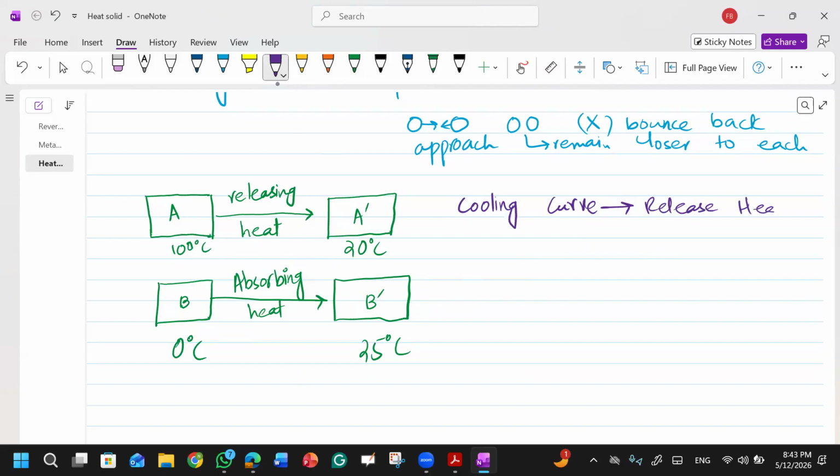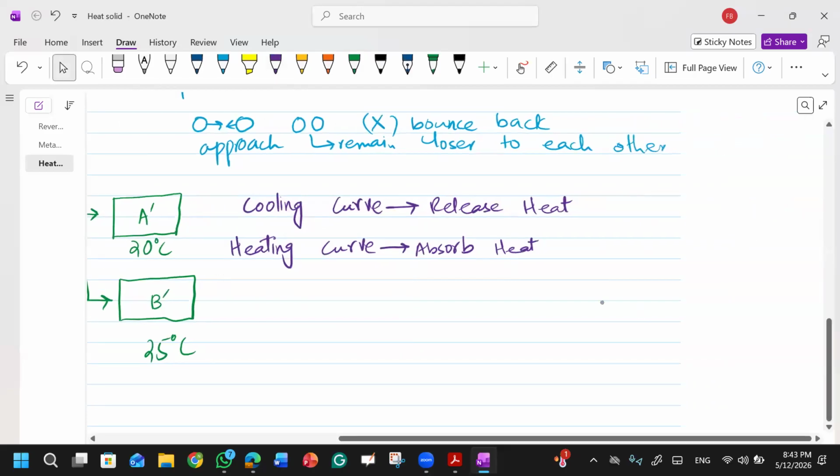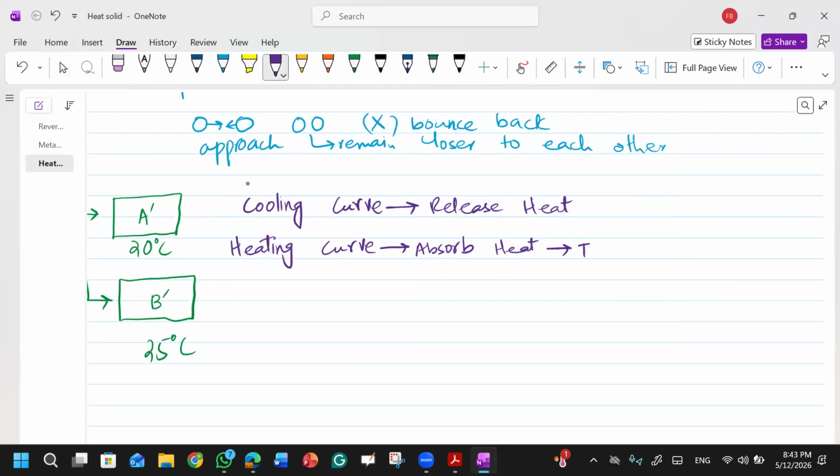In the heating curve, the body will be absorbing heat, and when it absorbs heat, what will happen? The temperature will rise.